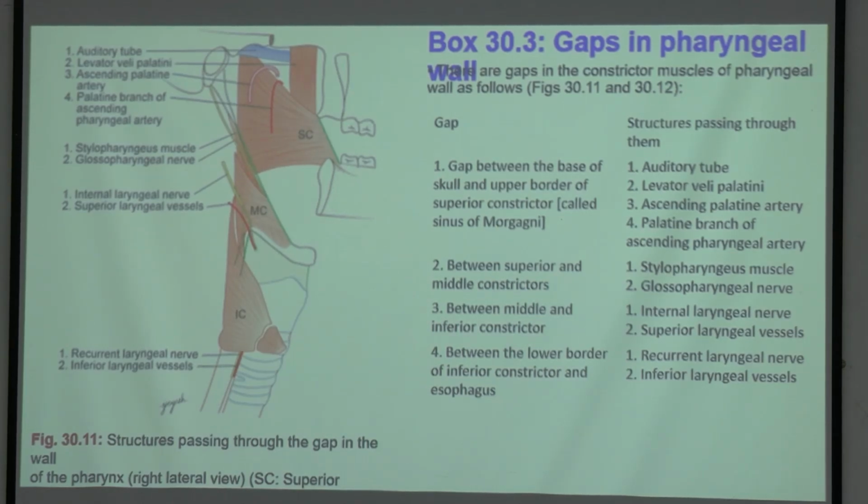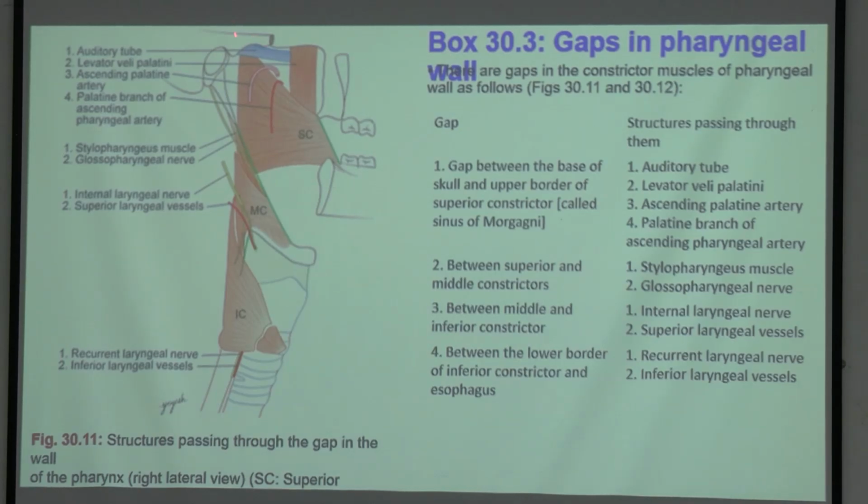And through that area we can get two vessels. One is the palatine branch of the ascending pharyngeal, or ascending palatine branch of the facial. So two arteries we can find here, and they pass through this sinus of Morgagni. And we can find one tube, that is the pharyngotympanic tube, eustachian tube, which communicates the middle ear and the pharynx.